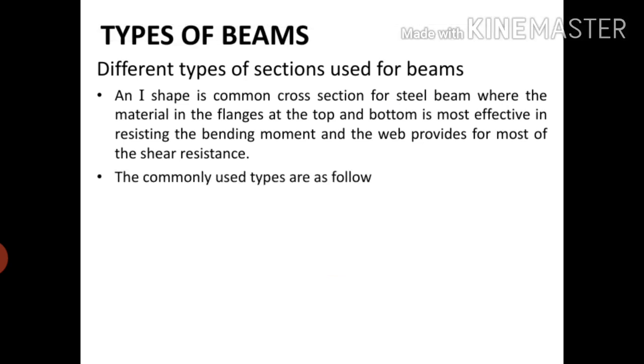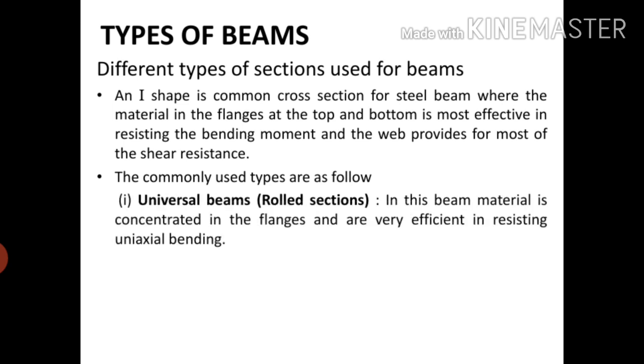Then the commonly used types are as follows. The universal beams, that is the rolled sections, are used as beams. In this beam, material is concentrated in the flanges and is very efficient in resisting uniaxial bending.